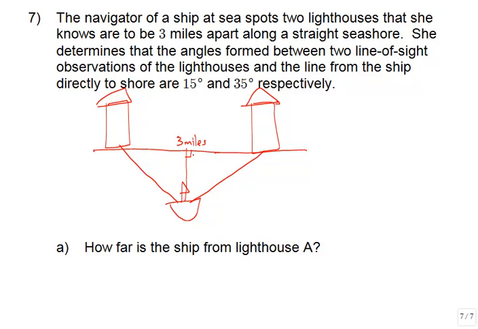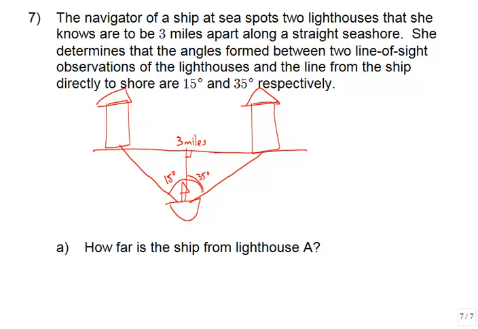So it says that the angles formed between the line of sight and that perpendicular line are 15 and 35. We don't necessarily know which one is which, but let's just label this one over here 15 and this one over here 35 degrees.